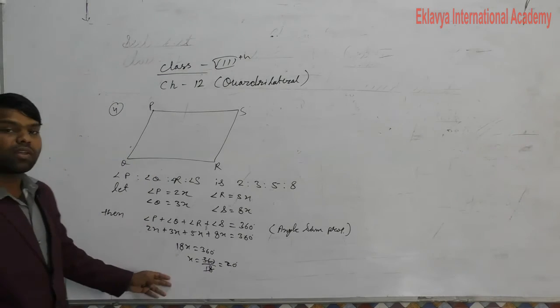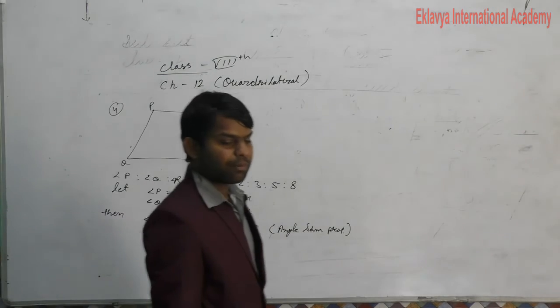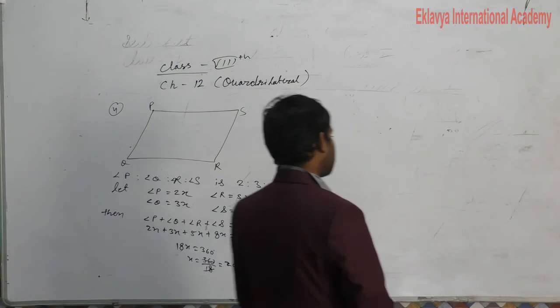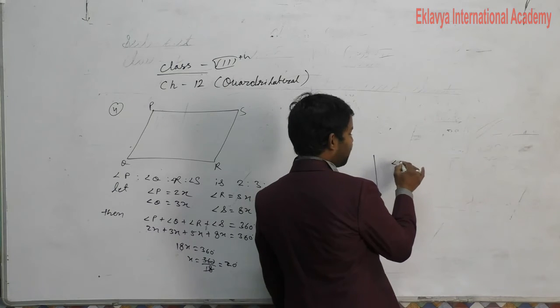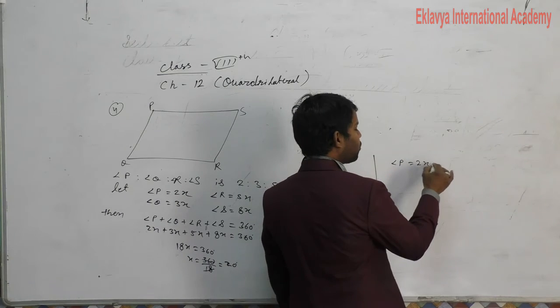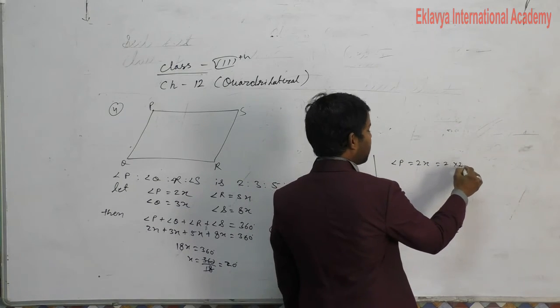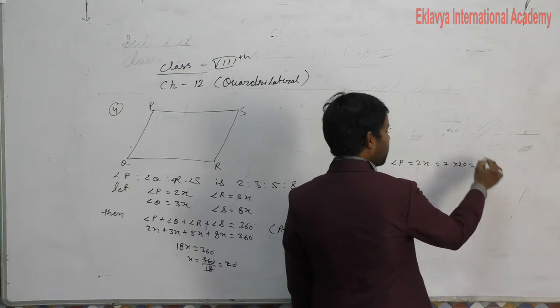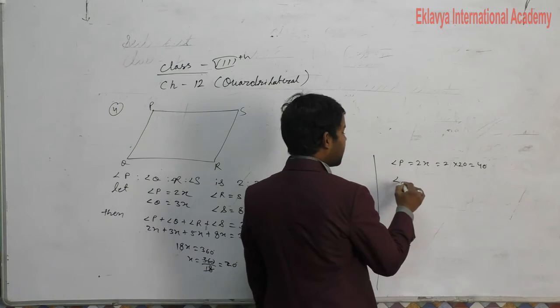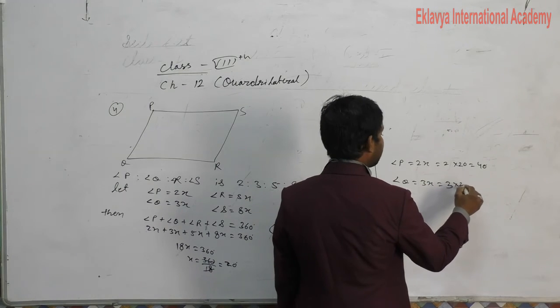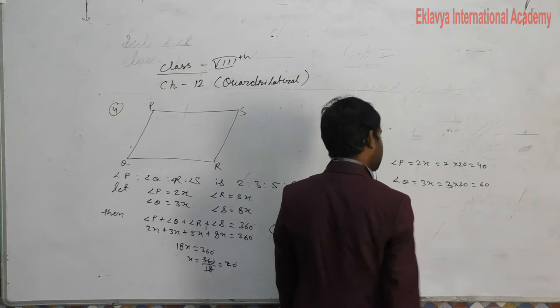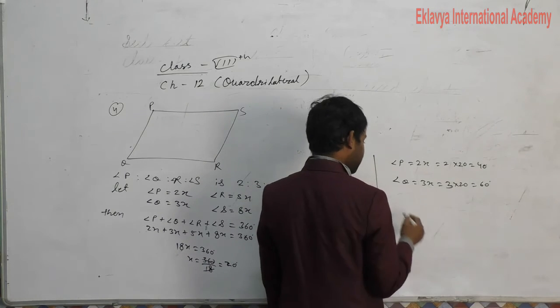Here we only got the value of x as 20, but we want to find the angles. So here we find the angles. First, angle P is 2x, then 2 multiplied by 20, we get 40 degrees. Angle Q is 3x, 3 multiplied by 20, we get 60 degrees.